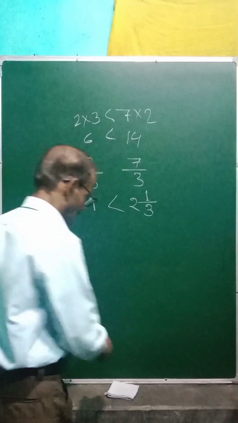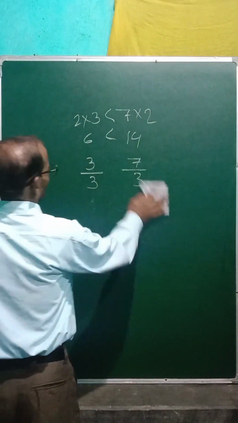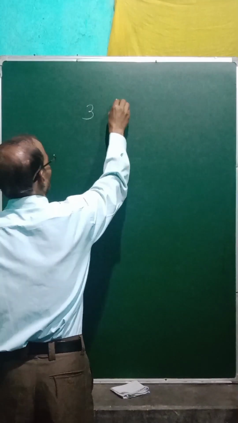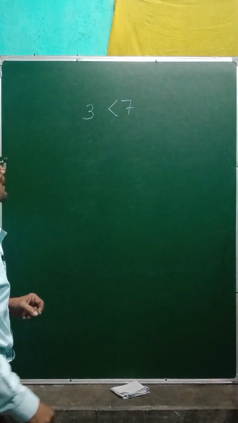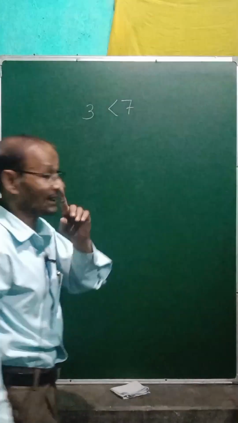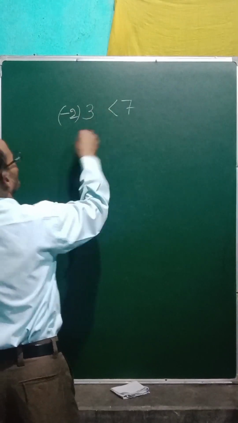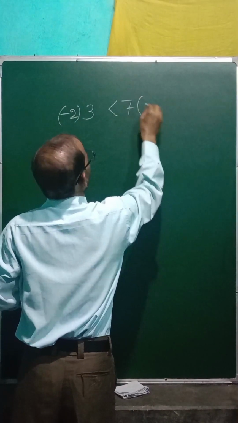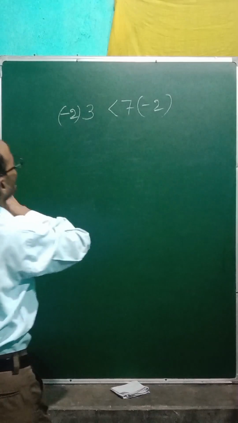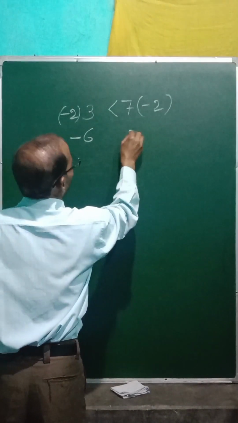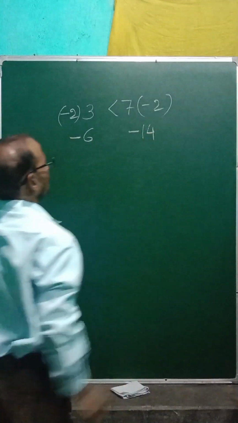Now to examine negative numbers for multiplication and division. Again take 3 < 7. What happens if we multiply by a negative number? Multiply both by minus 2. We get minus 6 and here minus 14.